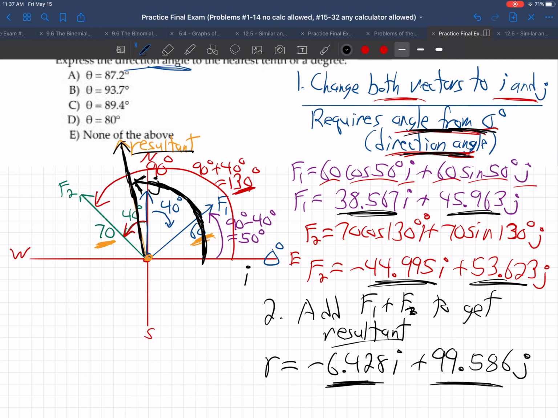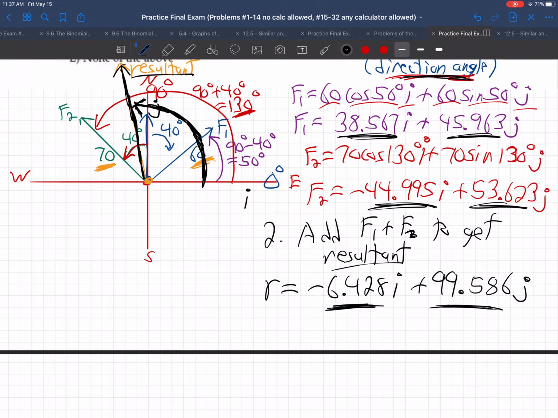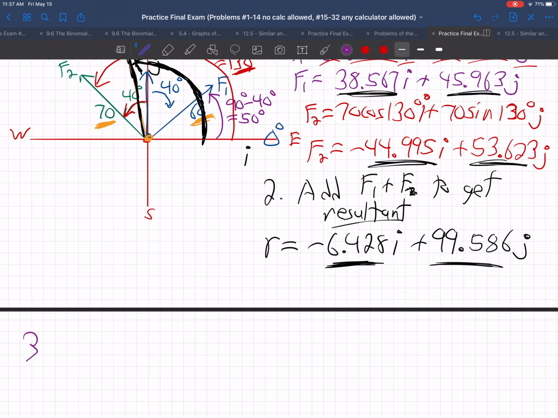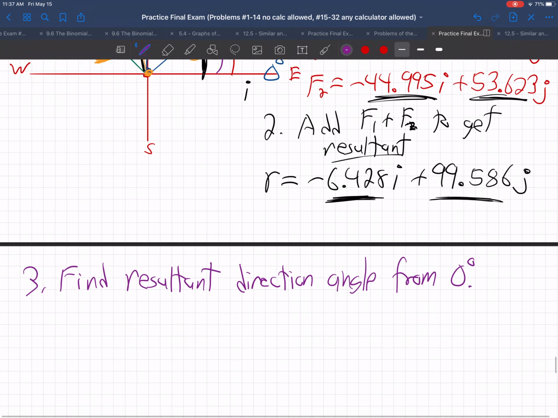So how do we find that angle? Well, that's where we use inverse tangent. So step 3, find the resultant direction angle, which means from 0 degrees. How do we do it?